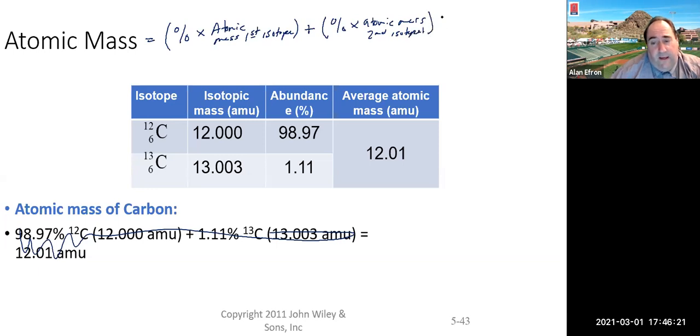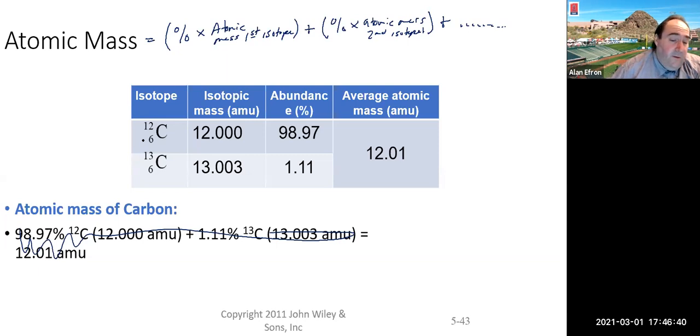And then you would add it to, if there was a third, do the same procedure. So take the percentage times the atomic mass plus the percentage times the atomic mass, and when you add it all together, you will get the atomic mass of that element.